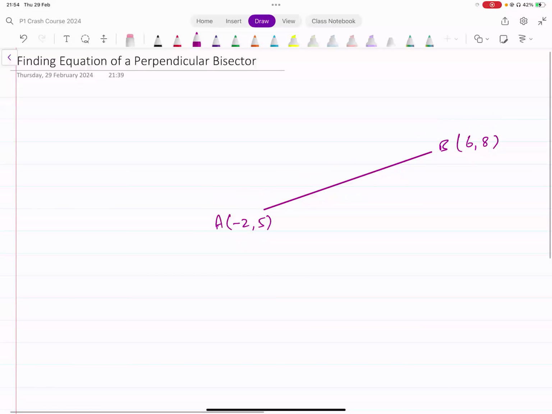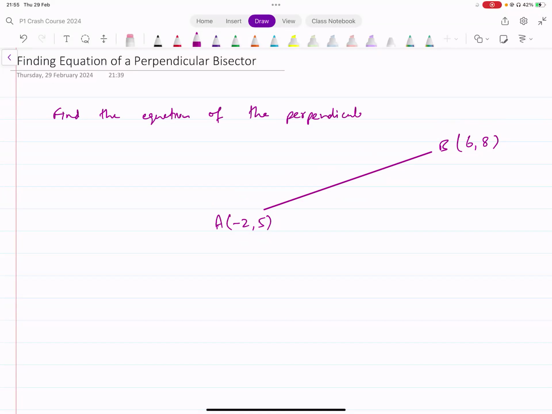We want to find the equation of the perpendicular bisector of AB.